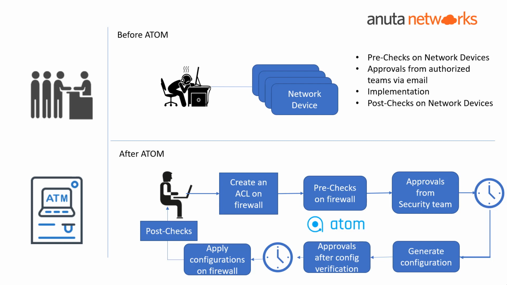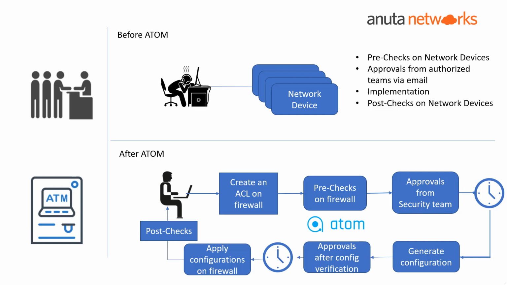In the diagram shown, when Atom is introduced into the network, the admin now has to just trigger the workflow, either directly from the Atom GUI or use any of the operational tools they have in the network. The operational tools will talk to Atom and trigger the workflow, just like how shopping sites talk to the bank websites for payment.